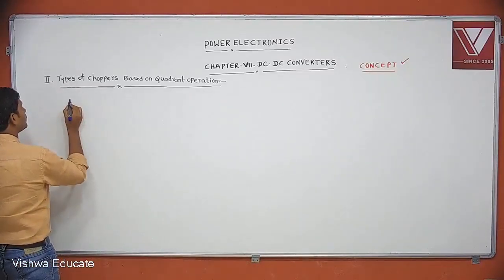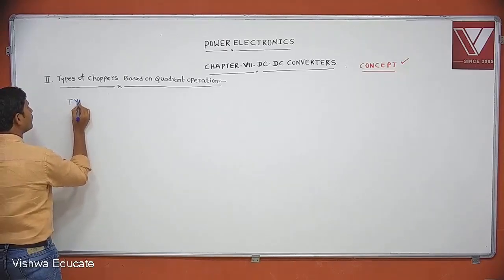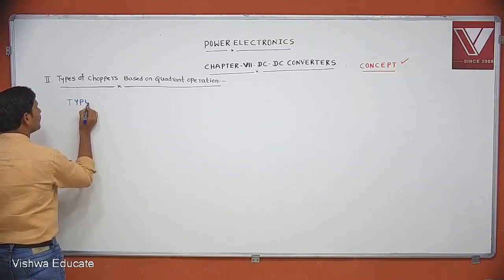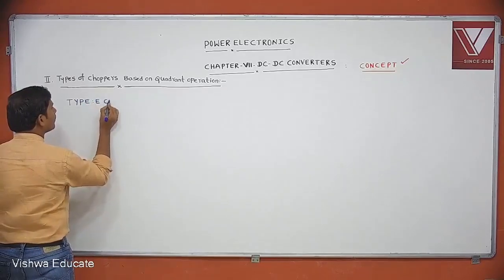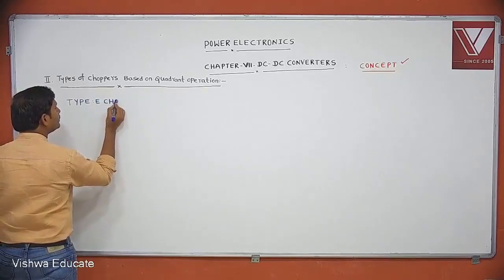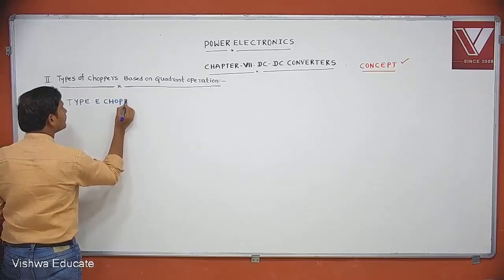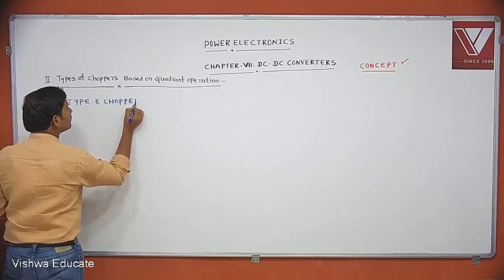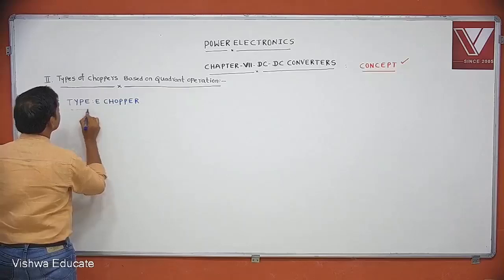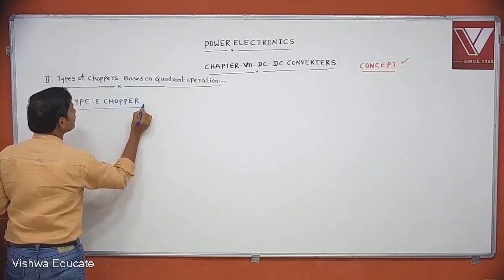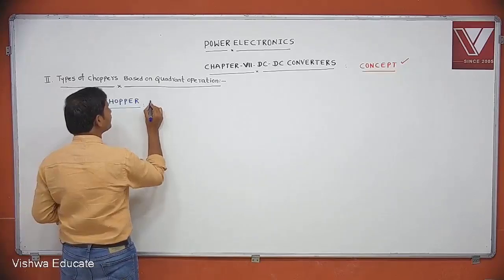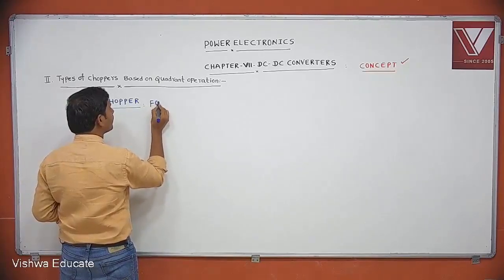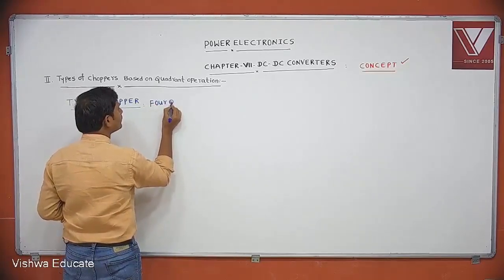Type E chopper. It is a 4-quadrant chopper.